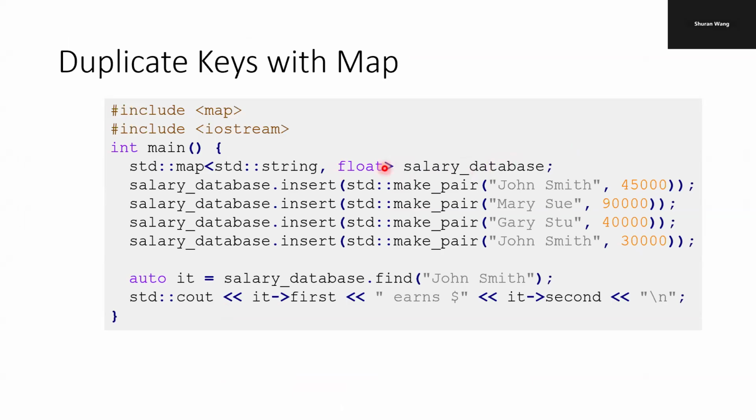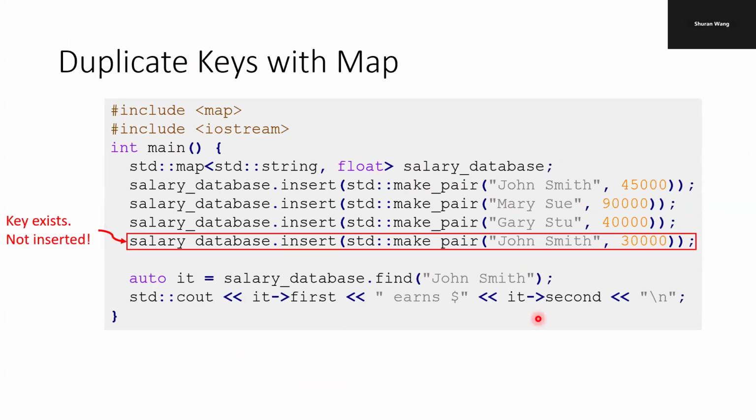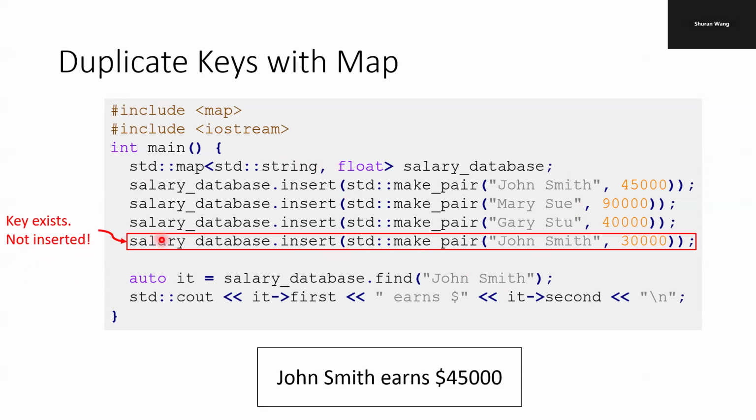If we have duplicate keys inside the map, like in this case, we have 2 John Smiths, when we insert, the map won't let you do it. So when you query, it only queries the first value. So we lost the second value.